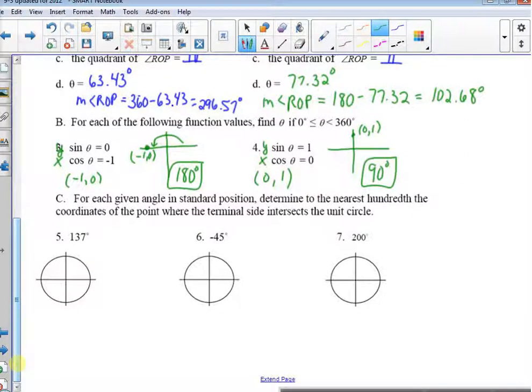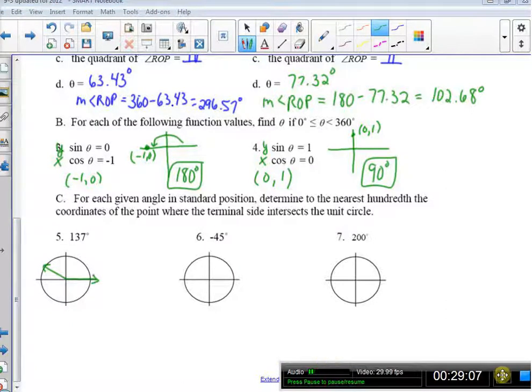For C, for each of the given angles in standard position, determine to the nearest hundredth the coordinates of the point where the terminal side intersects the unit circle. For that, you would just draw your angle of 137. So all we have to do to find this coordinate is do the cosine of 137 comma sine of 137.